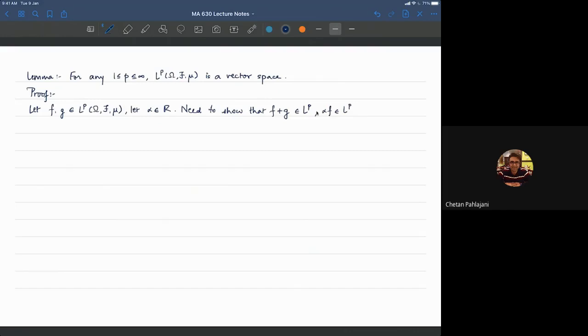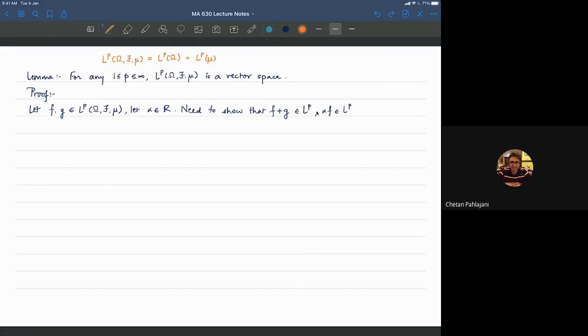By the way, L^p(Ω, F, μ) we may also write as L^p(Ω) if F and μ are understood. We may write it as L^p(μ) if we want to put the emphasis on the measure. But remember, once the measure is there, Ω and F are fixed, because a measure is not defined in a vacuum.